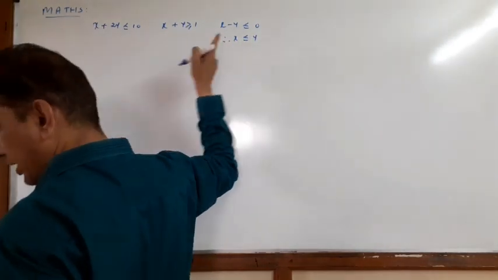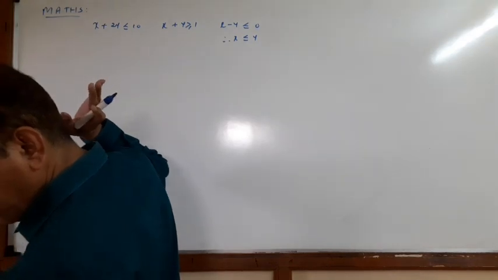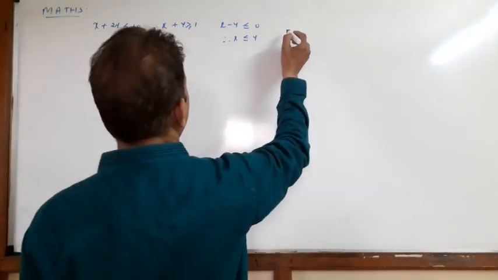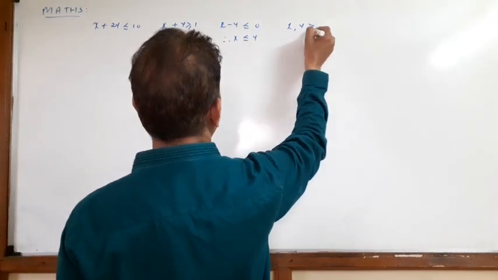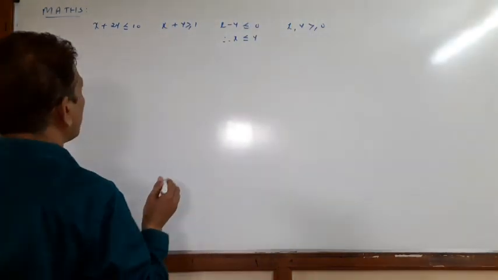Both positive and both negative are the same. The constant term is not given, so first and third quadrants. But here the condition is given, so in the graph we draw only the first quadrant.